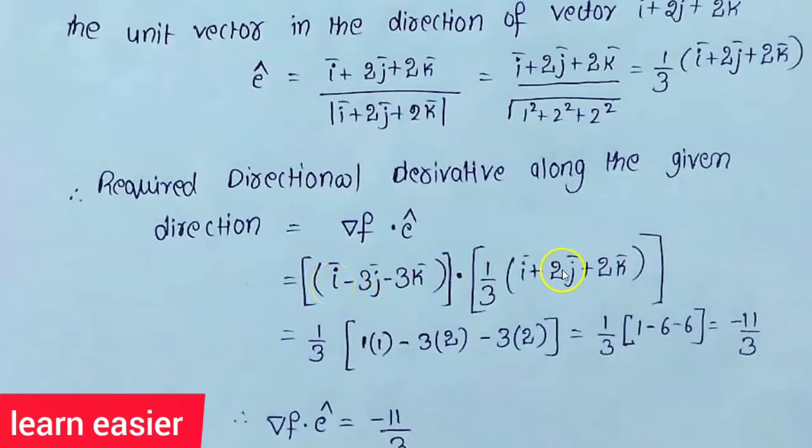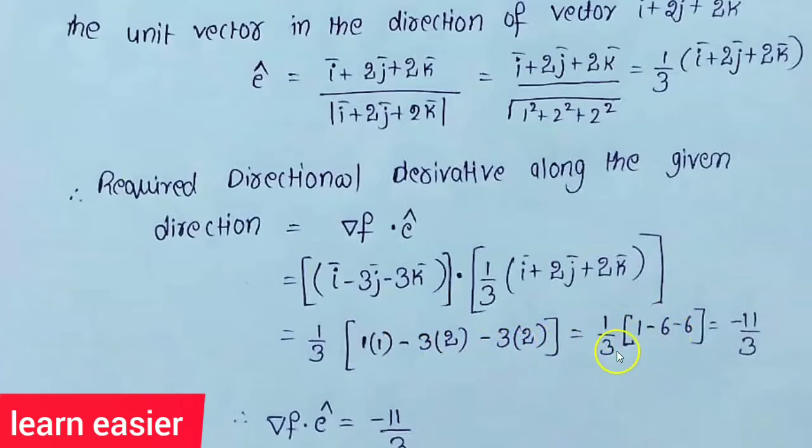Here the i bar component is 1, the j bar component is 1 and the k bar component is 1. So 1 into 1 is 1, and minus 3 into 2, and here we have minus 3 into 2. So finally we have 1 into 1, and minus 6 and minus 6.